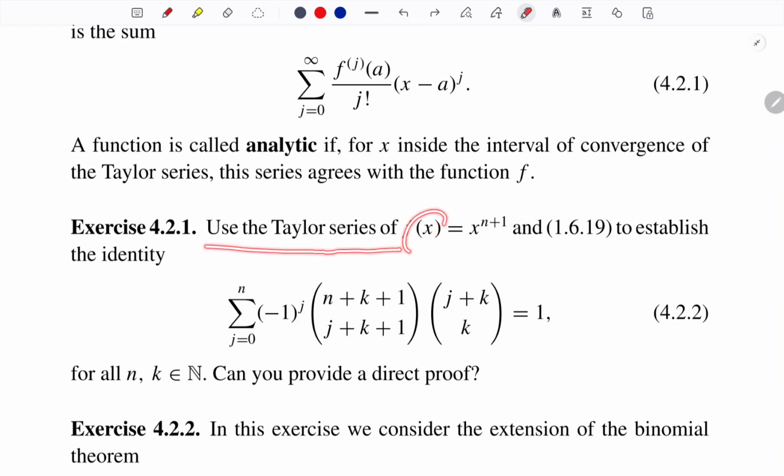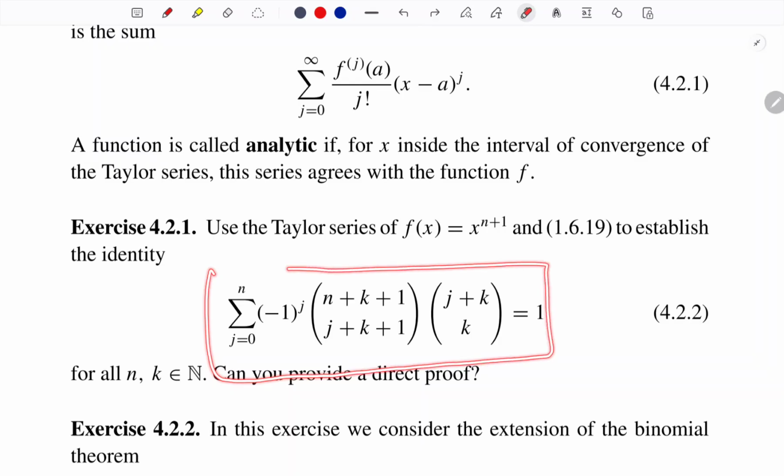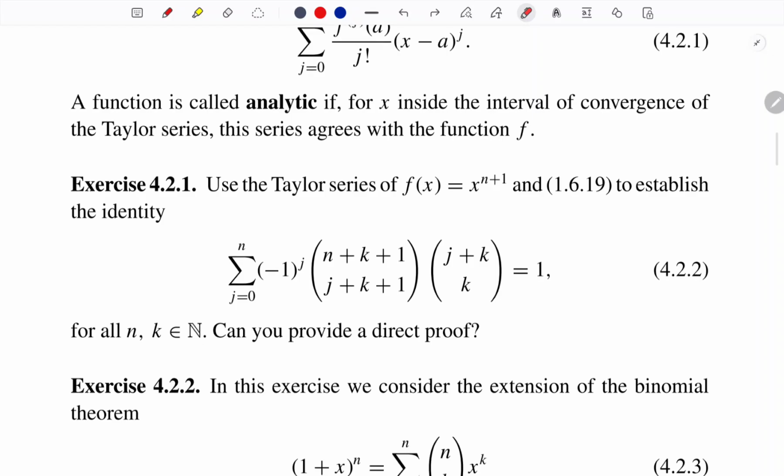Use the Taylor series of f of x equals x to the n plus 1. Now this book is going to give the Taylor series of x to the n plus 1. I don't know what this is representing to us.